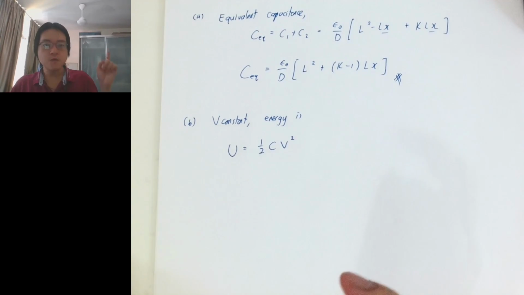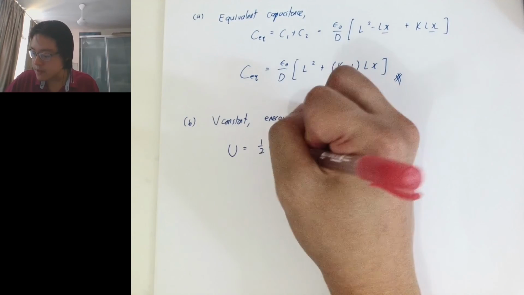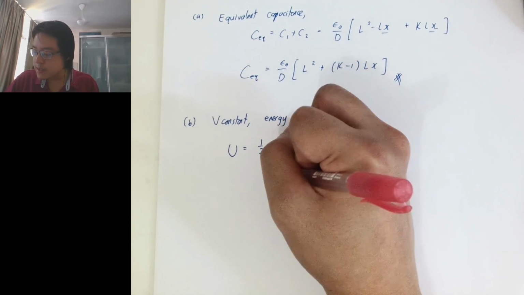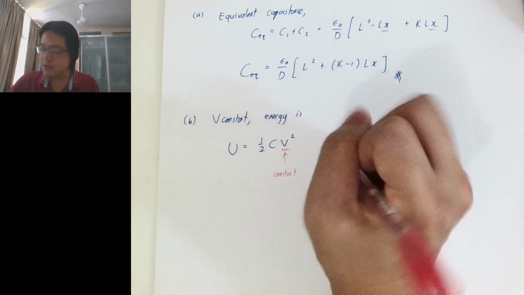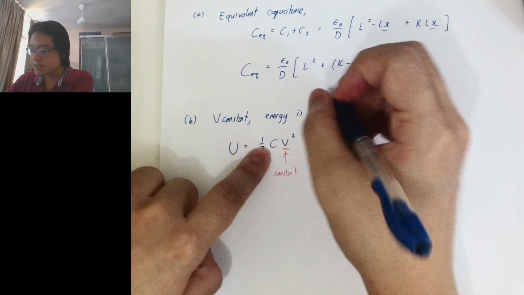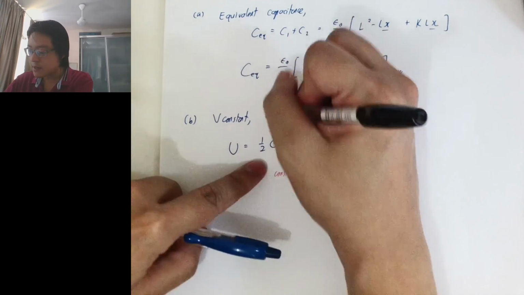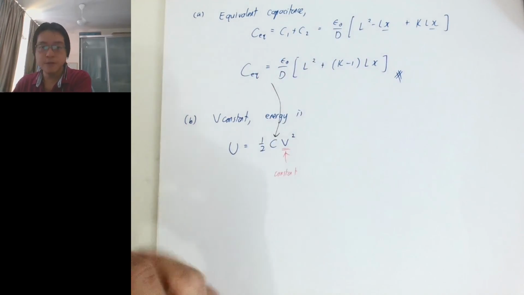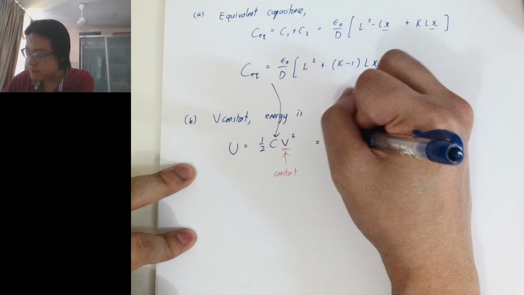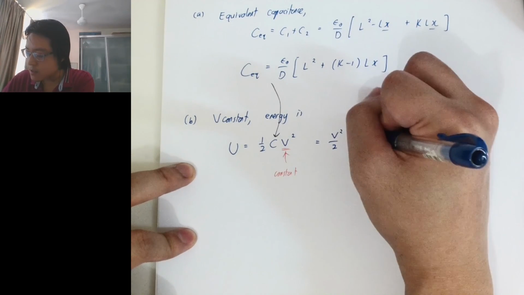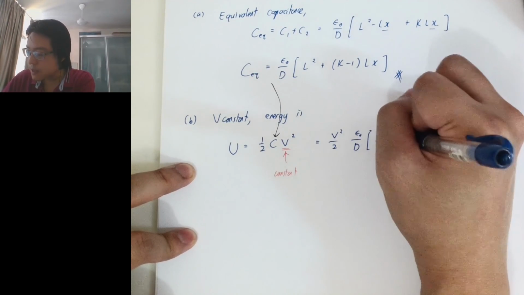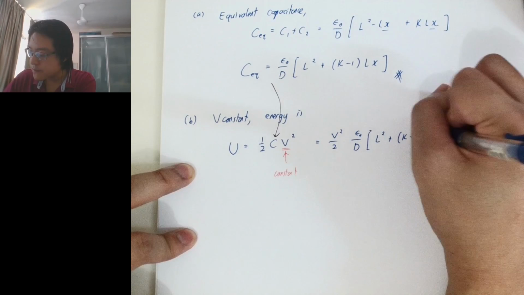According to the question, I'm connected to the battery, so this term is constant, but this C is given by the expression we have found. So what I have here is V squared over 2, times epsilon over D, times L squared plus K minus 1 Lx.